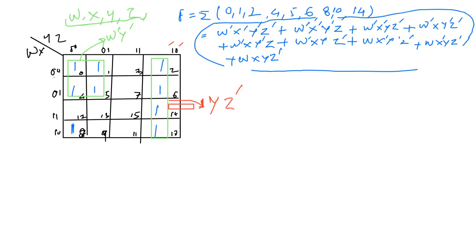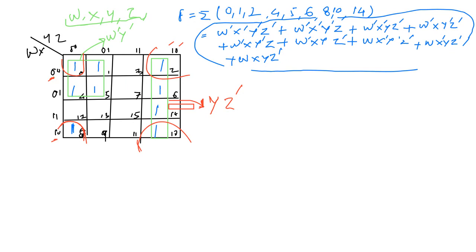Correct. For the last one, we'll take one better than two, and in comparison to two, better four. So we'll take these four. Be careful, see this red color. For these four, let us take w. W is 0, w is 1. Neglect.